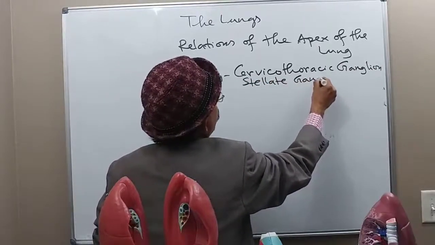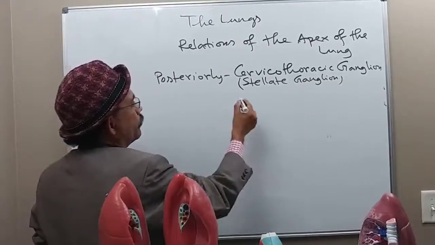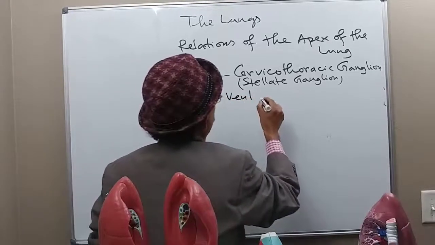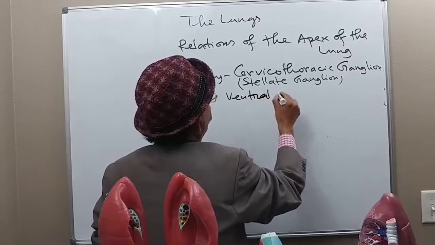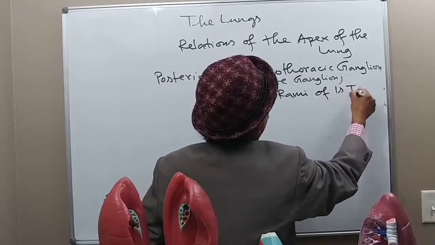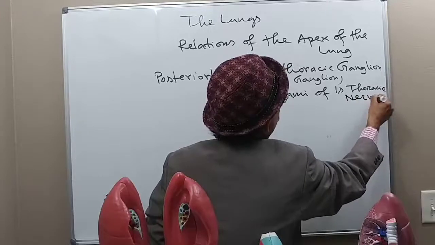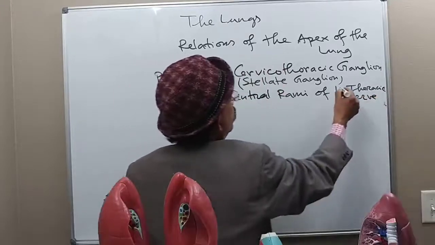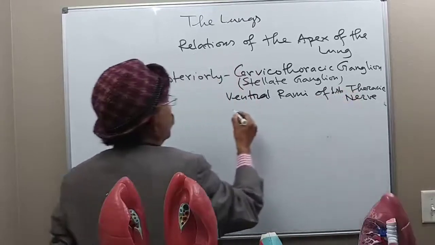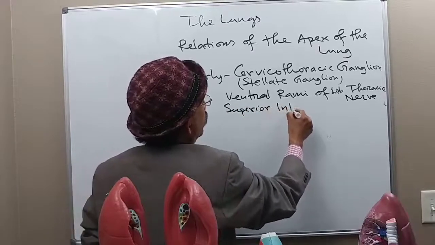Posteriorly it is also related to the ventral rami of the first thoracic nerve, and also the superior intercostal artery.